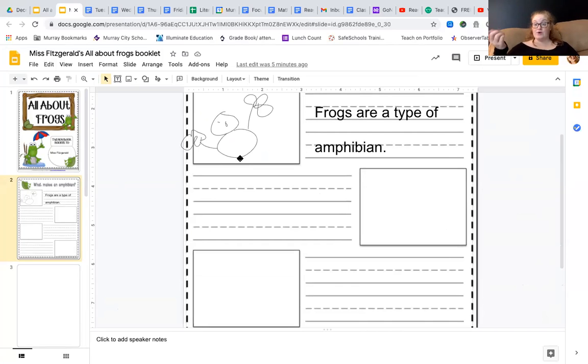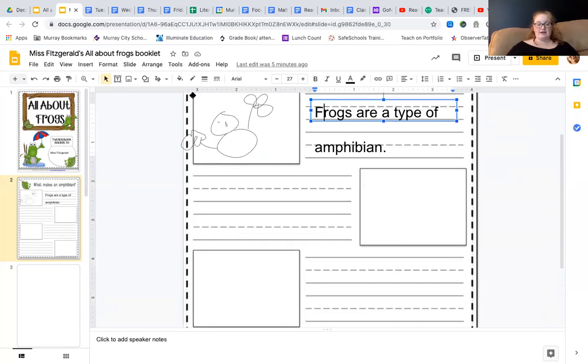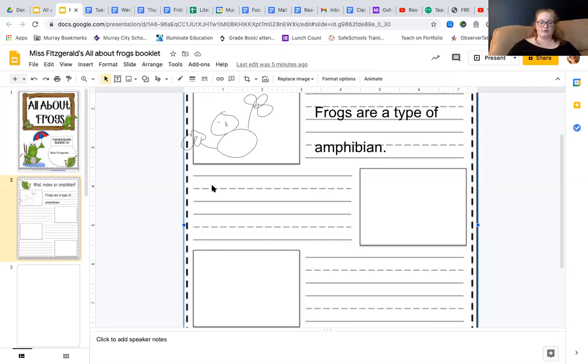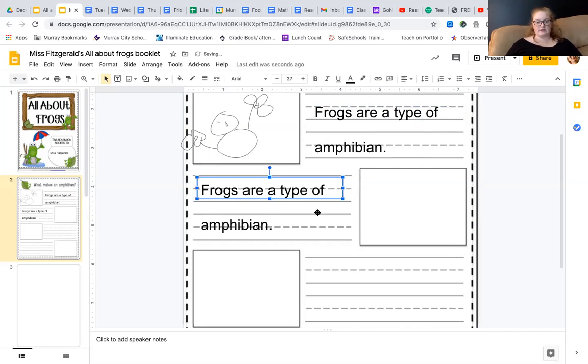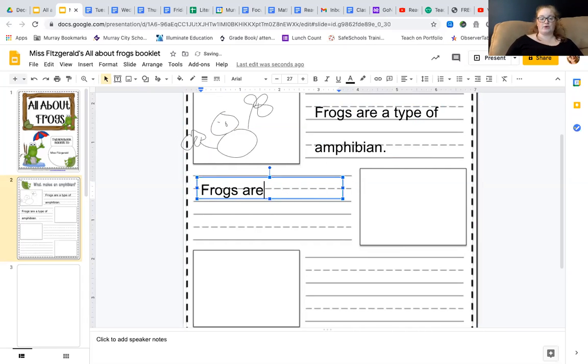Oh, I know. I remember that it said amphibians breathe through their skin. So I'm going to write on the next line, I'm going to write breathes through skin. They don't just breathe through their skin, they breathe through their nose too.